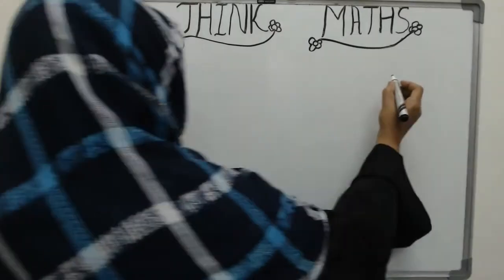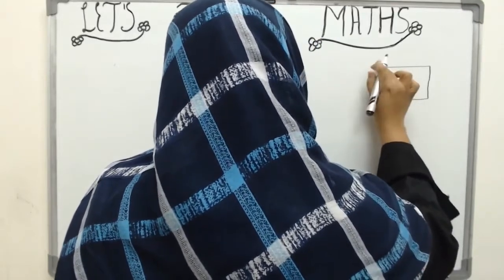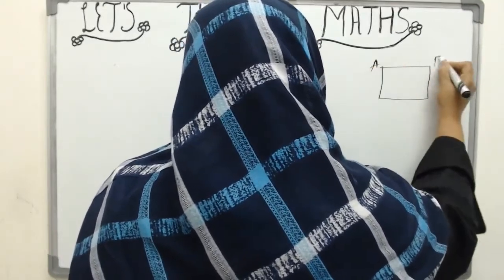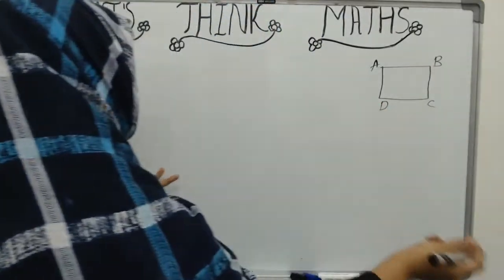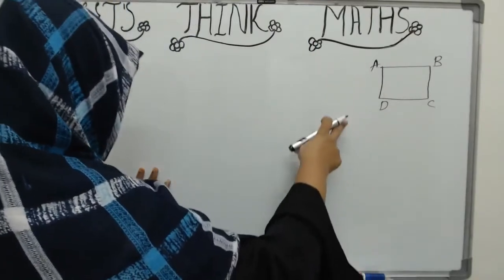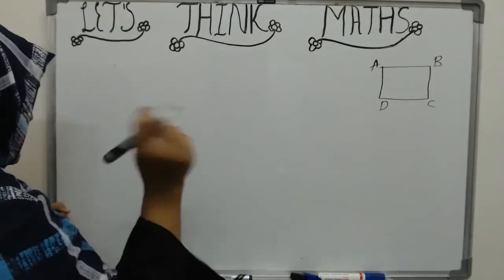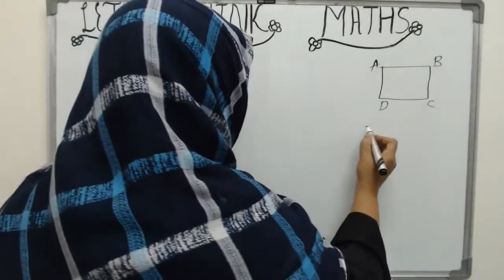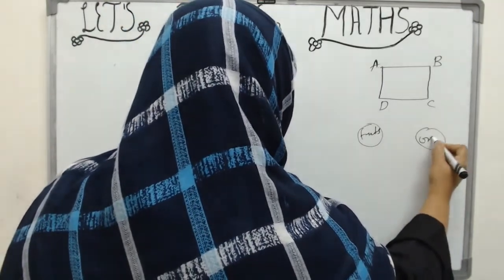Now what is a square? A square is a special kind of rectangle. A, B, C, D. This is a square, and a square is a special kind of rectangle, which means all squares are rectangles, but all rectangles are not squares. Let us see one example. For example, consider fruits, and consider orange.